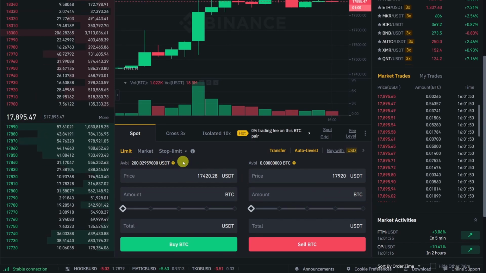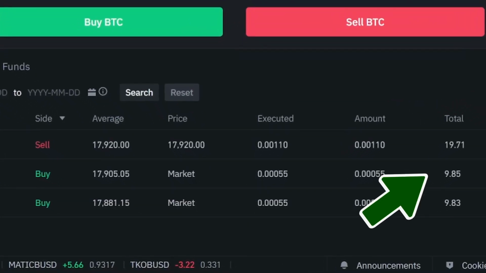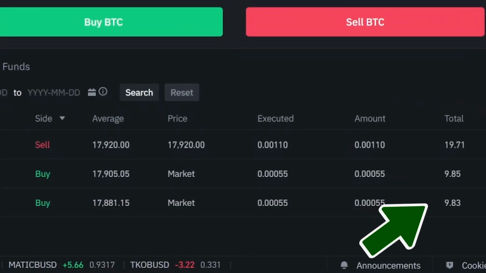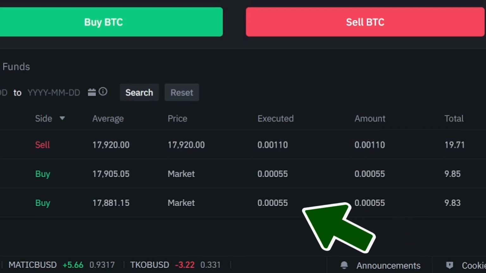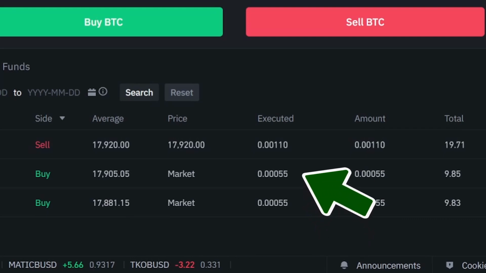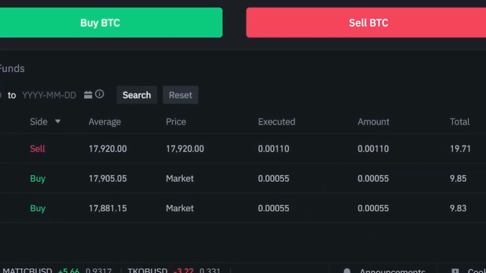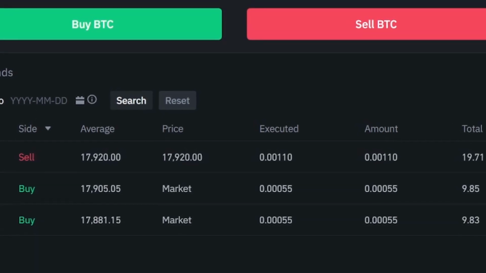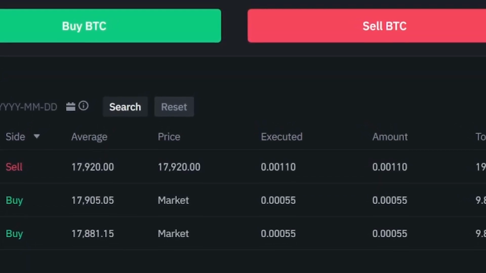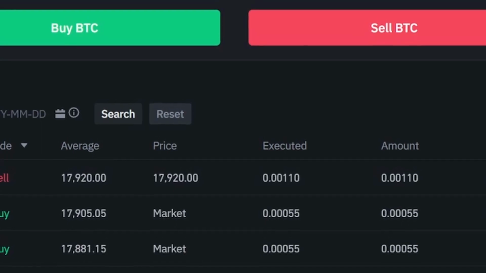Now let's figure out why both buy orders were in fact under 10 USDT. Remember that both times I got exactly 0.00055 BTC. So my guess is that it has to do with rounding and the decimal place accuracy that Binance uses. It appears to be limited to 5 decimal places.